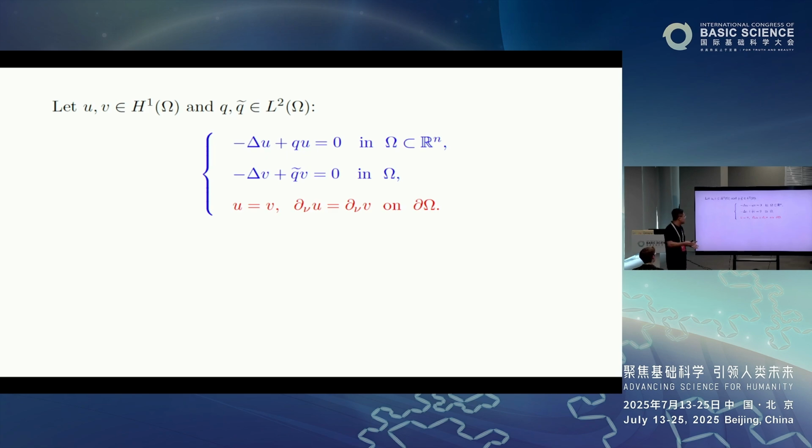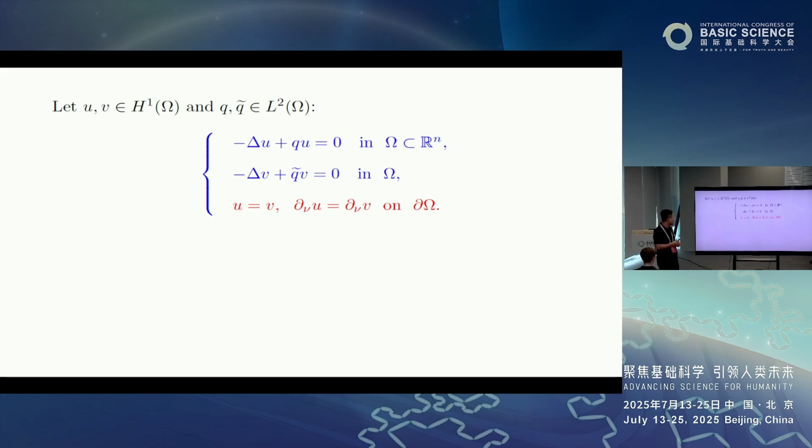And obviously, there is no coupling. So it's just two separate stationary Schrödinger equations, and this q and this q tilde are two coefficients. At this moment, you can simply take q and q tilde to be two different constants. The coupling actually occurs at the boundary.